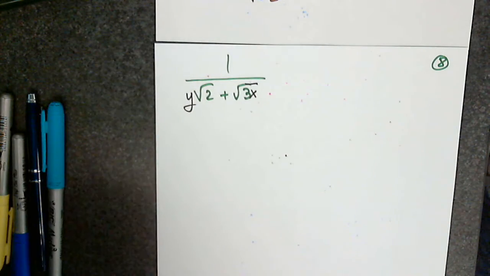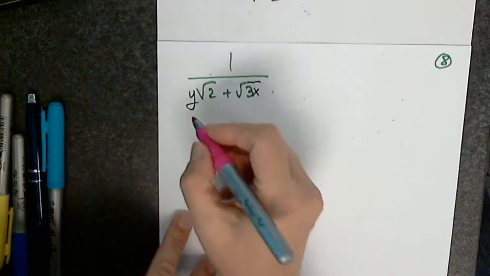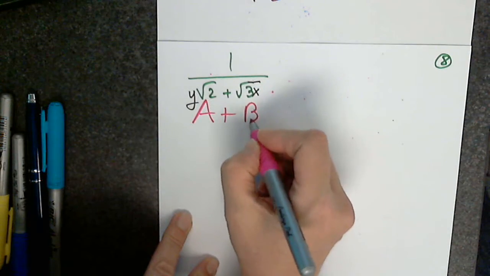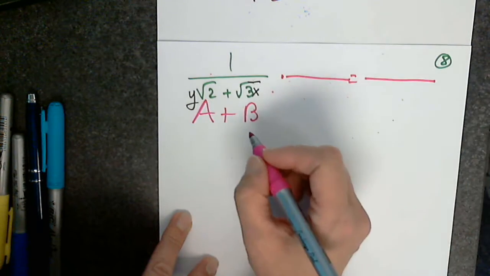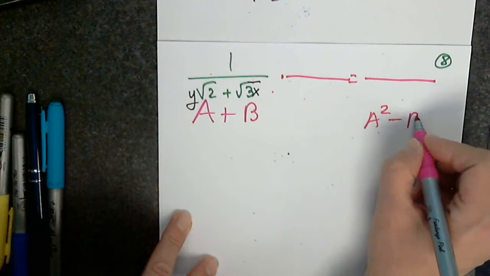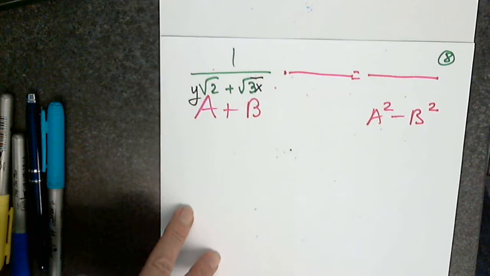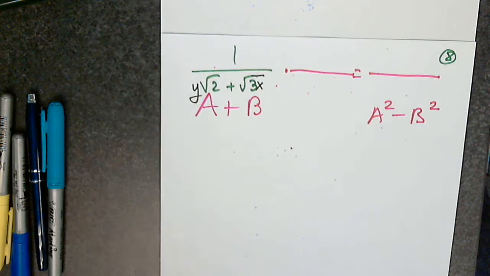And this is one of our contracts from a long time ago. A plus B will be multiplied by what to get a squared minus b squared? What do we multiply a plus b by to get a squared minus b squared?